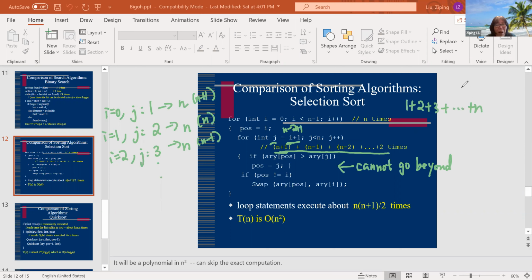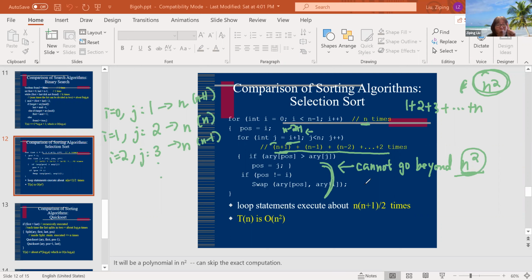If you add this kind of sequence together, the highest order term is n squared, we know that. So all of this will not go beyond n squared, the highest order term. So this is just linear, this is also linear, and here we have quadratic. So the highest order term is quadratic.